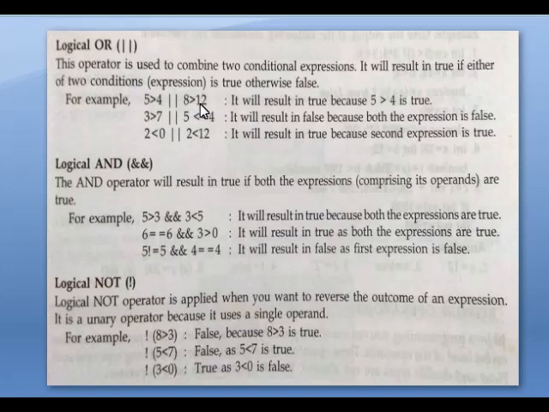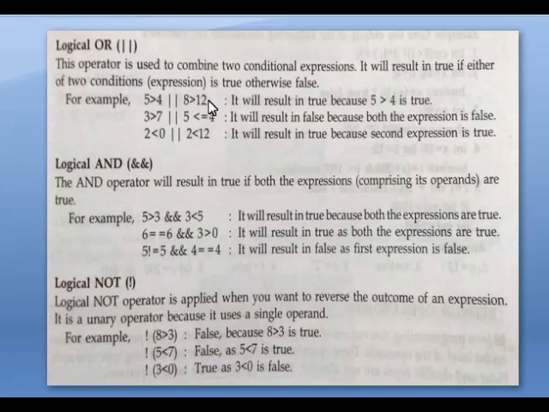The first condition is false and the second condition is true, so we will get true. If both the conditions are false, then the output will be false. If both the conditions are true, then the output is also true.